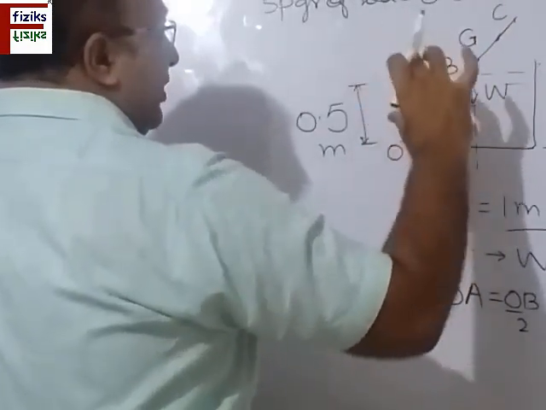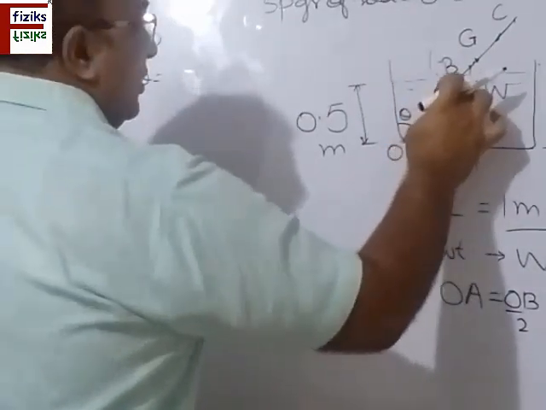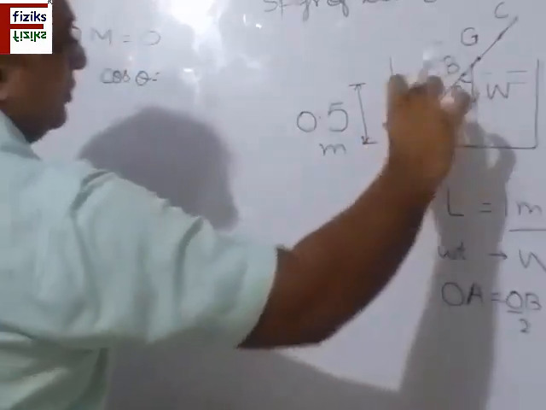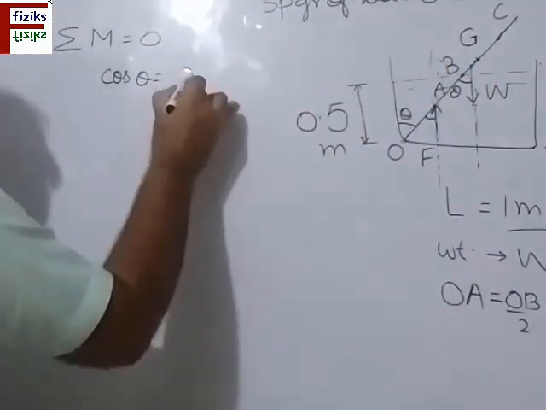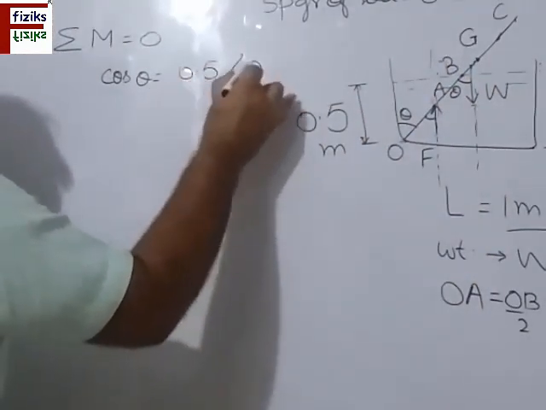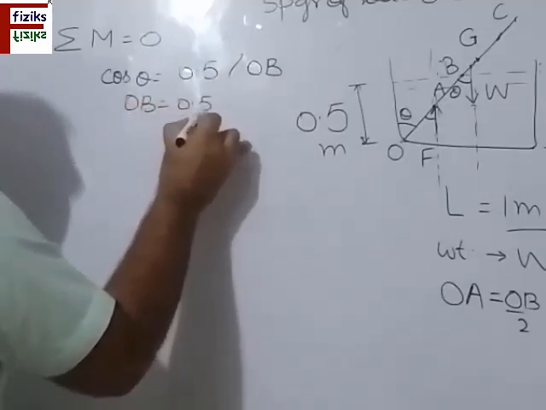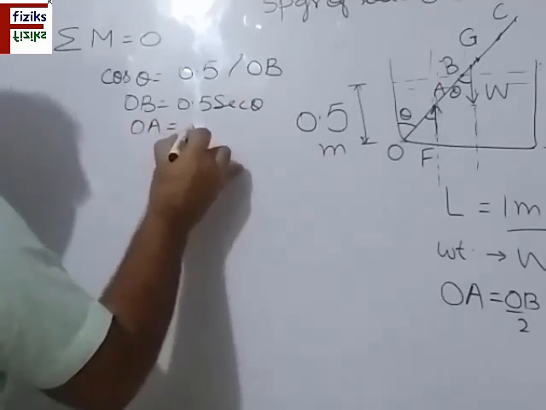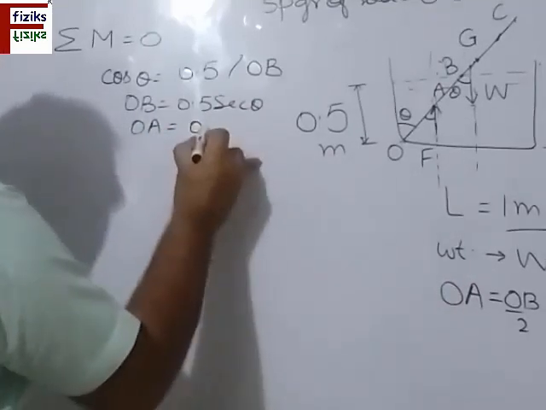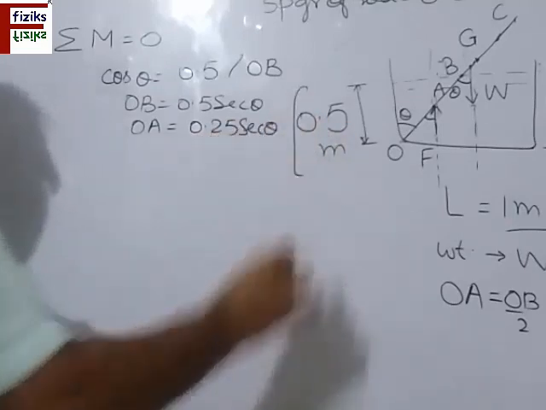This is 0.5 meter, so we can calculate OB. So cos theta is equal to base upon hypotenuse, base is 0.5 divided by OB. So OB is 0.5 sec theta and OA is half of this, as I have written here, 0.25 sec theta.